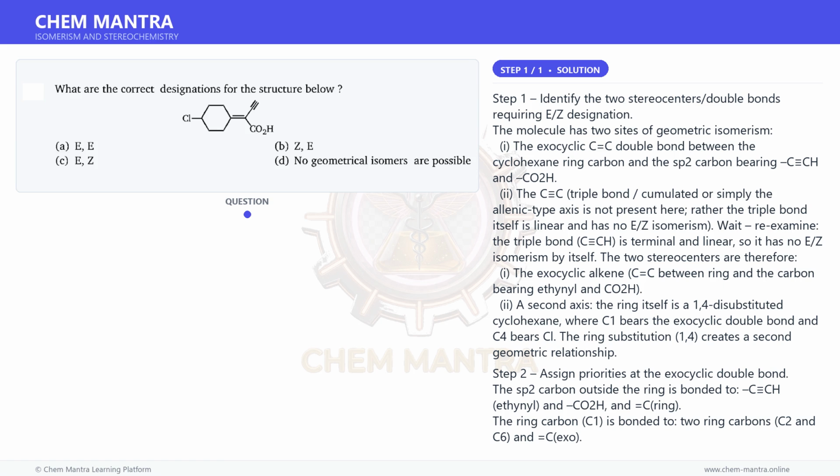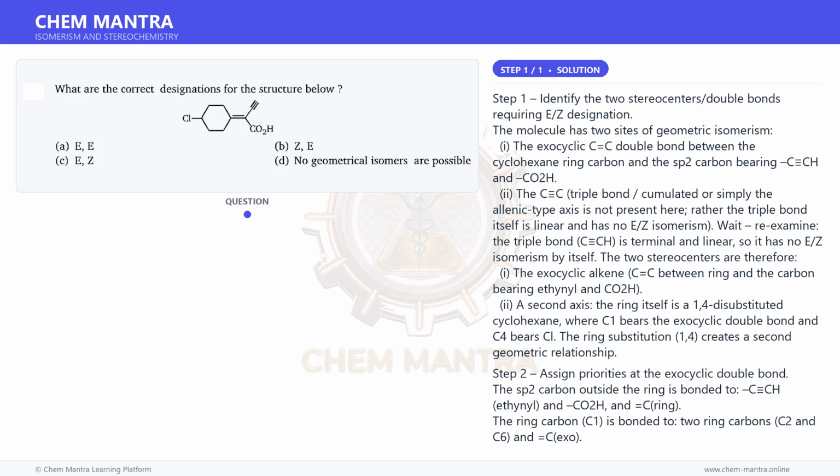In the structure shown, Cl is drawn to the left on C4 and the exocyclic double bond extends to the right side with CO2H below. Considering the 1,4 relationship in the ring for the second designation, Cl is on one face and the exo-alkylidene substituents determine the second E/Z. Analysis of the drawn structure places Cl and the C≡CH group on the same side, Z, for the ring double bond relationship, giving Z as the first designation.